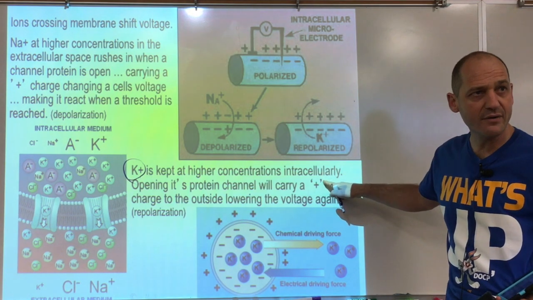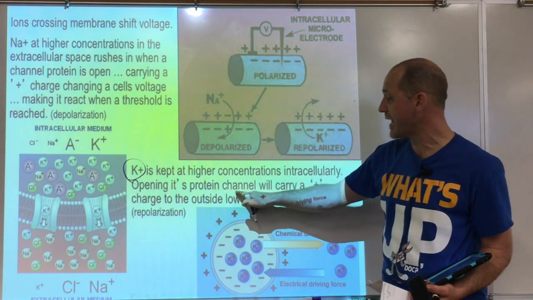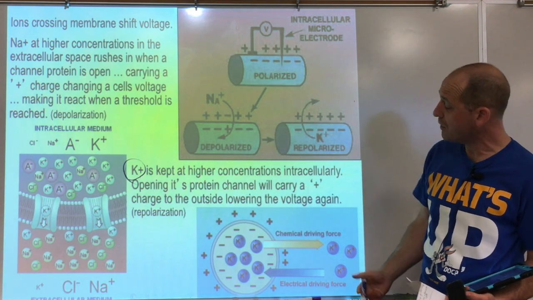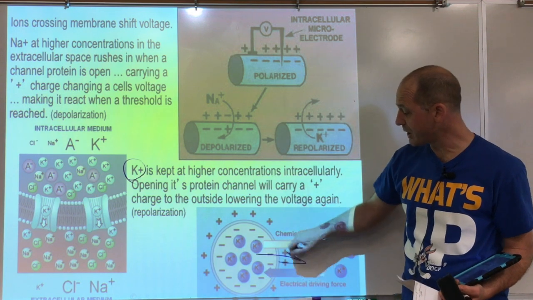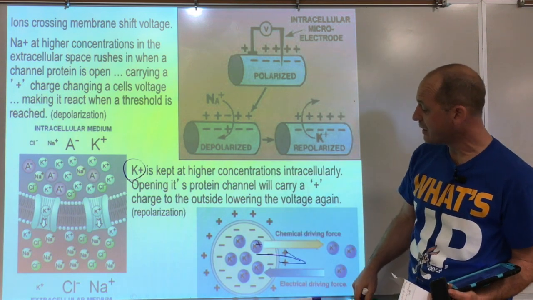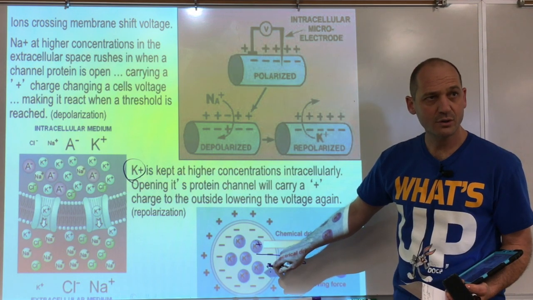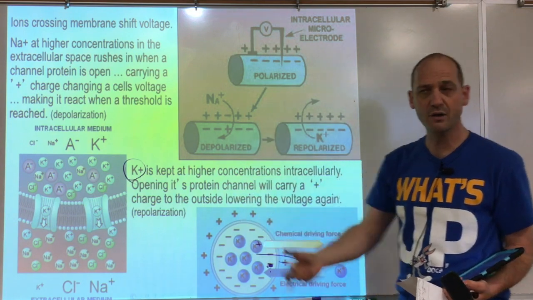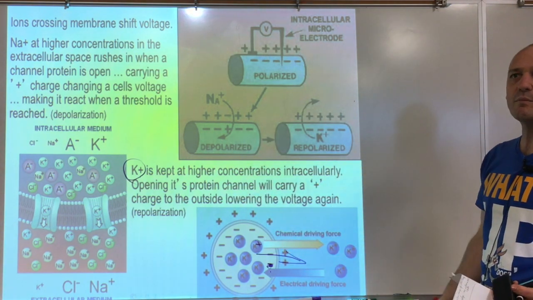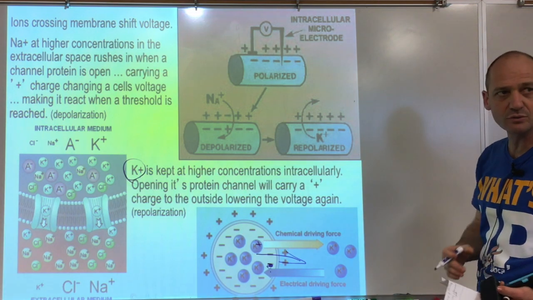And when we open carriers, or protein channels, that let the potassium go, potassium wants to move out. The chemical wants to go out, and it's going to carry that positive charge back out, making the inside more negative again. So you're flipping positive to negative and negative back to positive, depending on how you're looking. And you're changing the voltage by moving the chemicals.